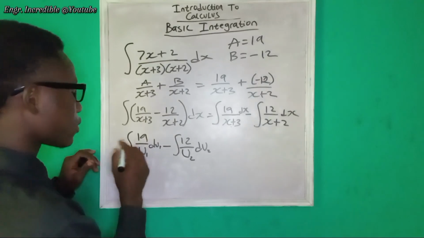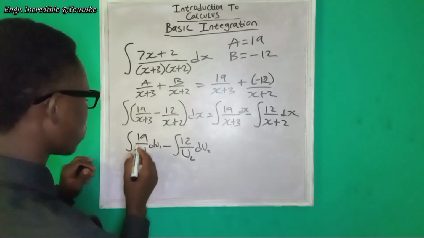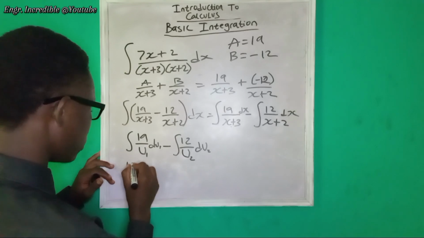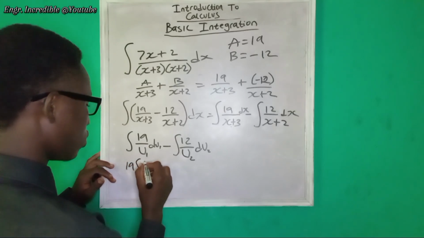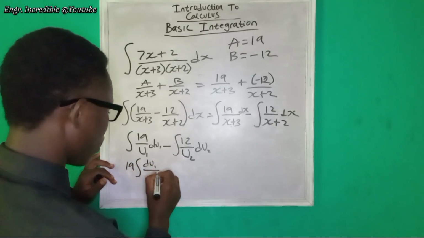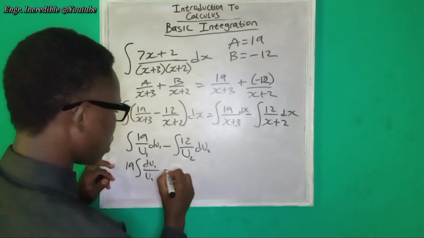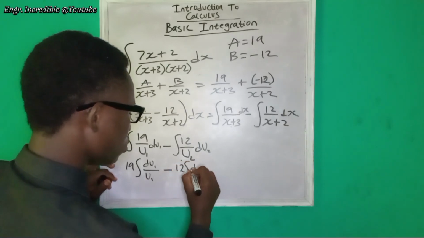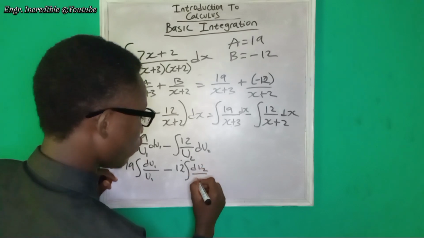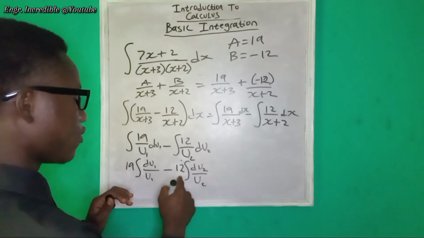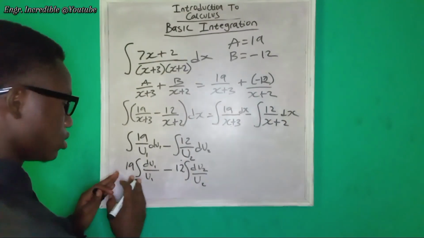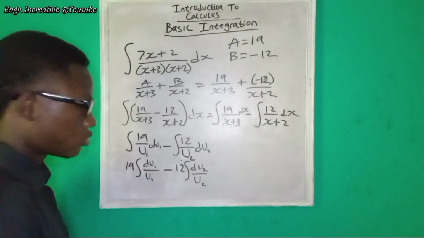So now, integrating this, 19 is a constant, so 19 can come outside. We have 19 integral du1 over u1 minus 12 integral du2 over u2, because 12 is a constant and 19 is a constant, so we can bring them outside the integral sign.